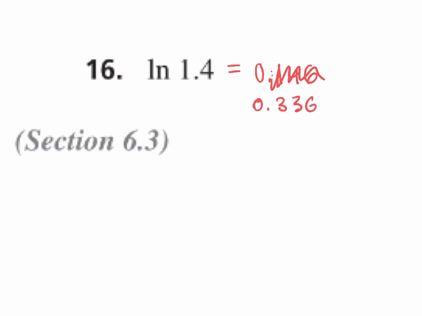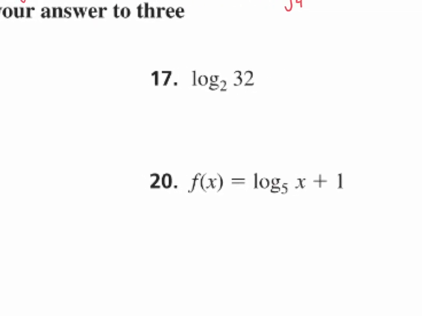Is that what you got? Okay. So just be careful when it tells you ln, make sure you're using the ln button. It evaluates it differently than the log would. So just keep that in mind.